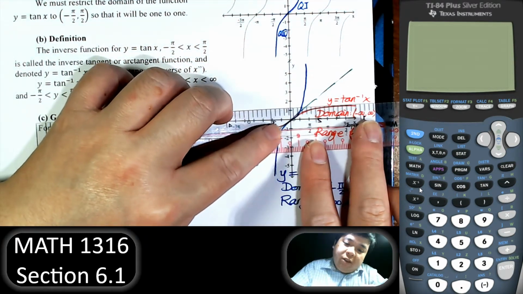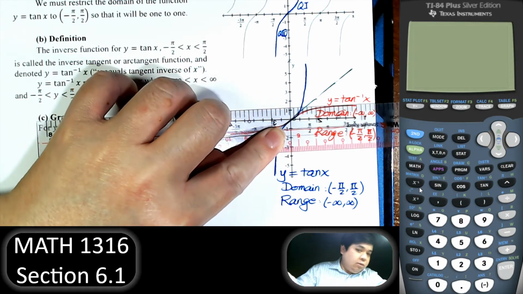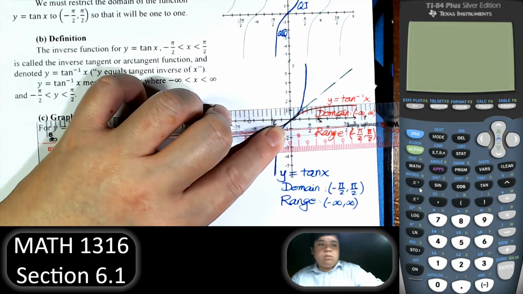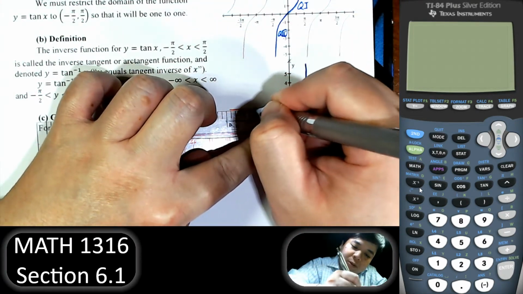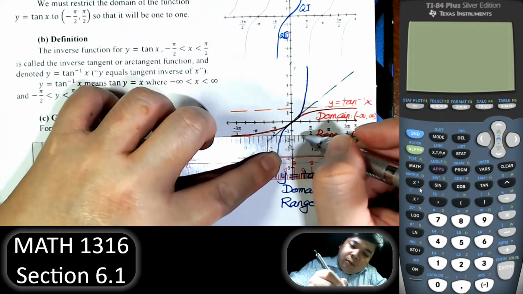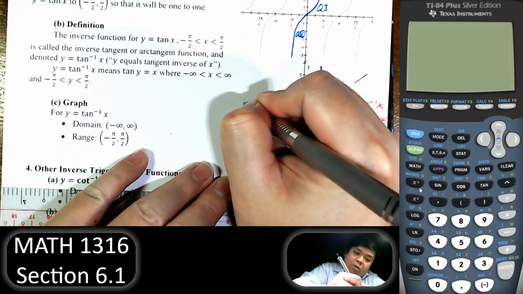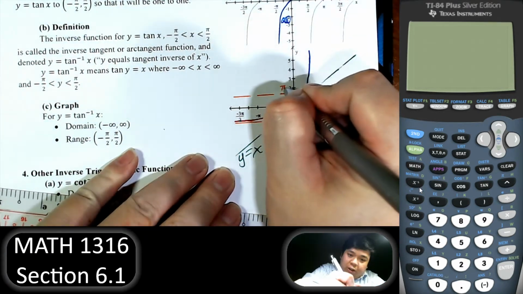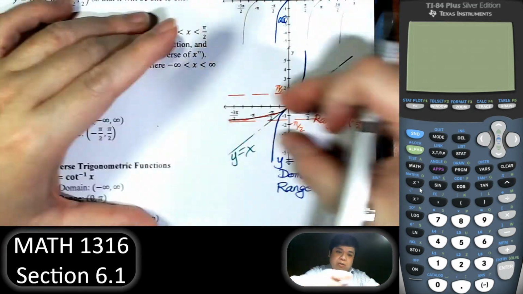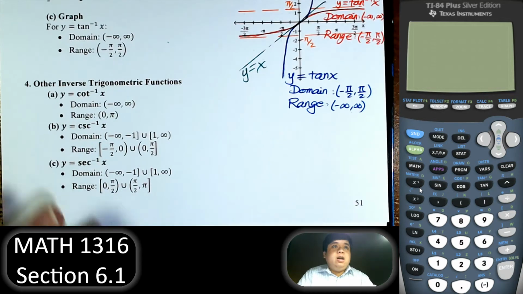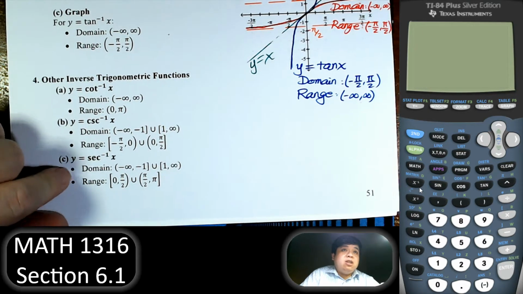So what we have here are horizontal asymptotes. So these are the horizontal asymptotes y equal to pi over 2 and y equal to negative pi over 2. So the graph will be between those asymptotes. And likewise, we can define the cotangent inverse, cosecant inverse, and secant inverse based on that.